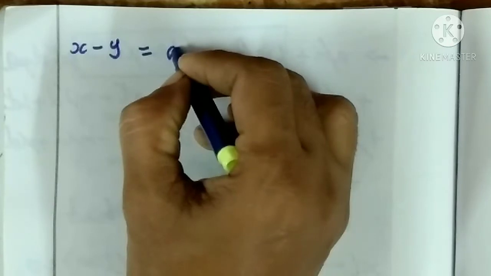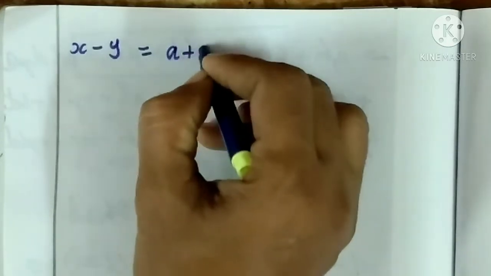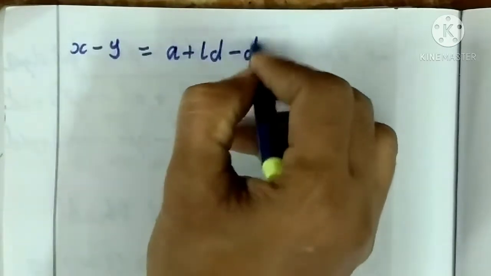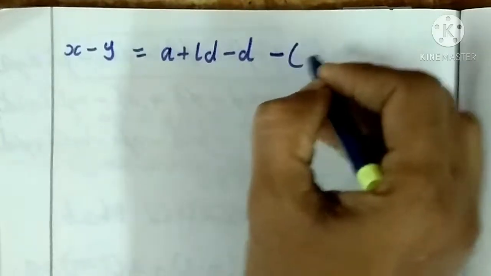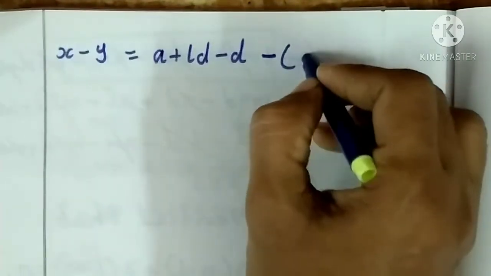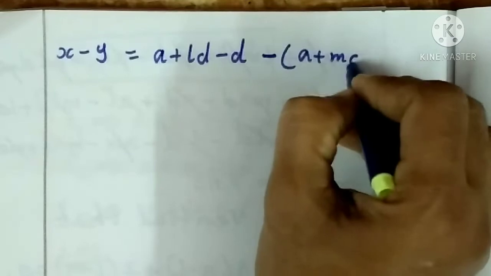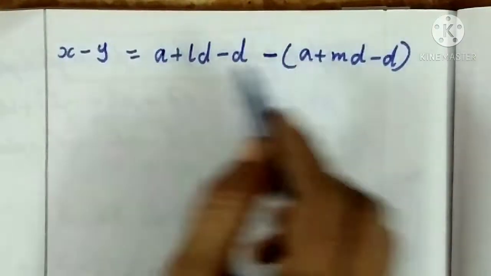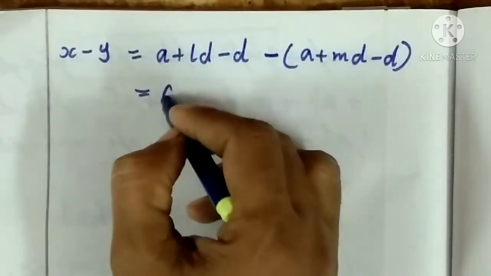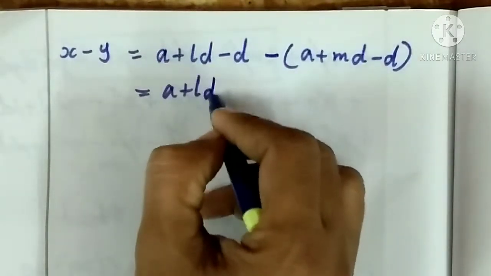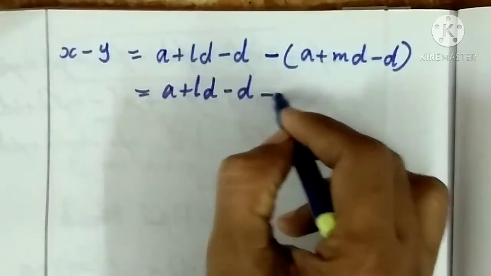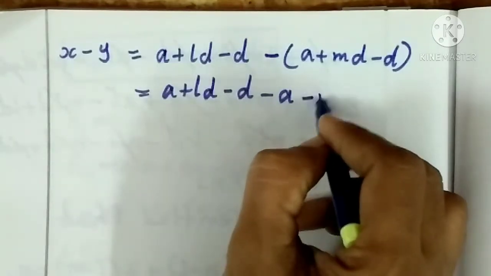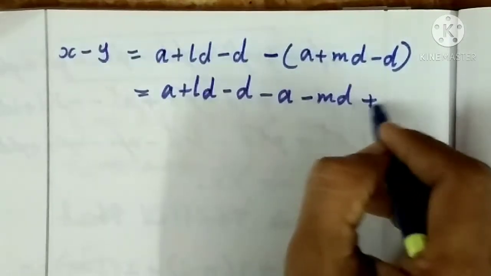The equation of x is a plus LD minus d minus of the equation of y term a plus md minus d. Now you have to remove this bracket, means we get a plus LD minus d minus a minus md plus d.